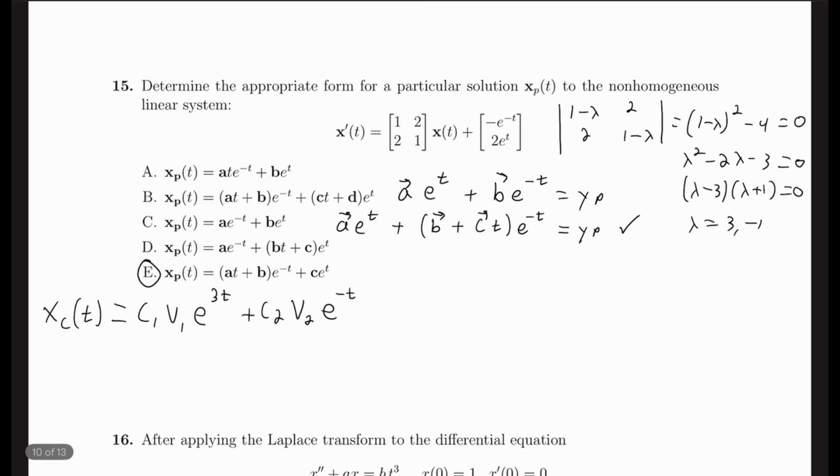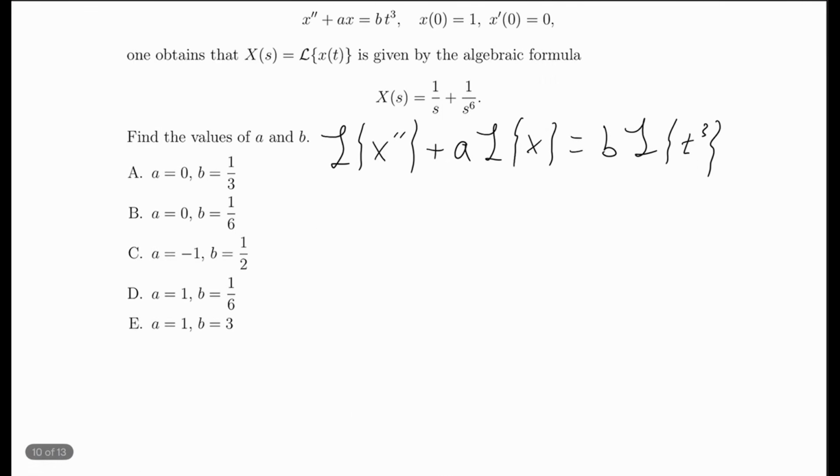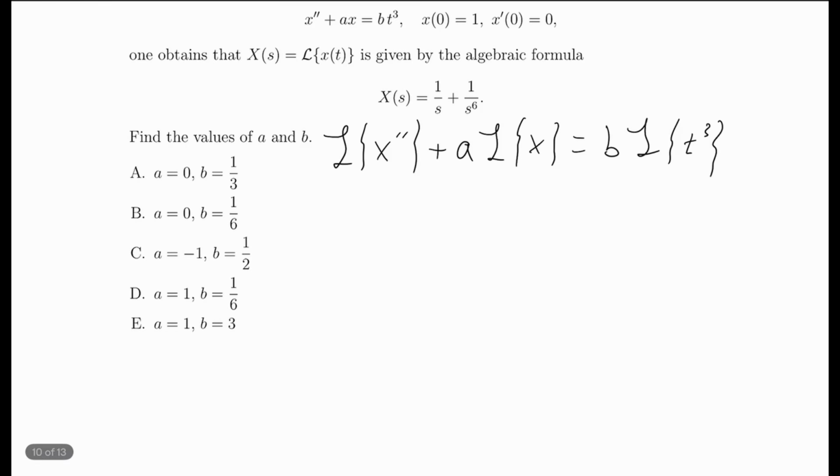Referencing our function there, the Laplace transform of that is going to be s to the n, so s squared times big X of s minus s, because this is s to the 2 minus 1, times our initial condition x of 0, which is 1, so that's just s, and then minus s to the 0, which is 1, times our initial condition x prime of 0, but that's just 0, so we lose this term.